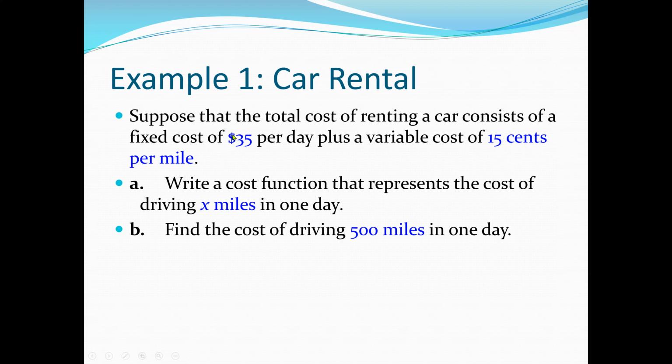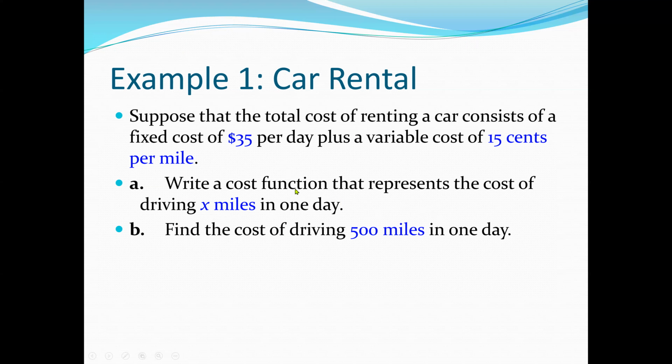It's there. Now the question says we should write a cost function that represents the cost of driving X miles in 1 day. This would be a simple equation in algebra. So here we can say that the cost function will be the fixed cost plus the variable cost.